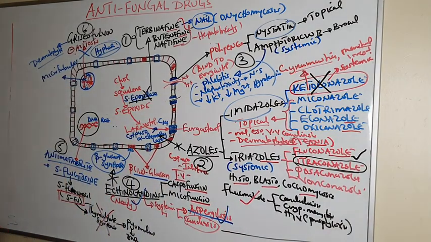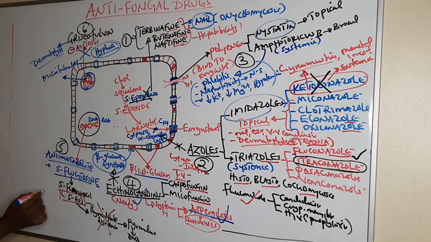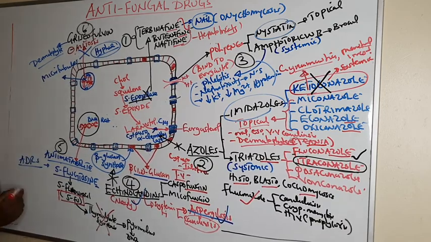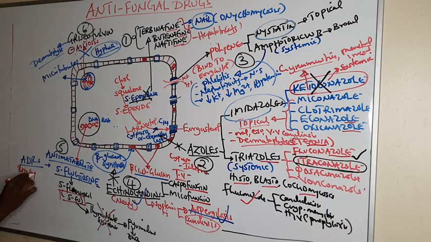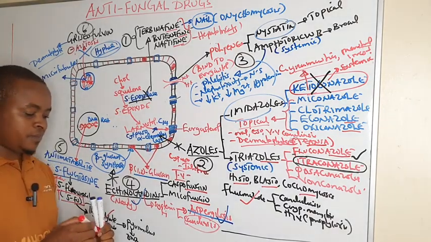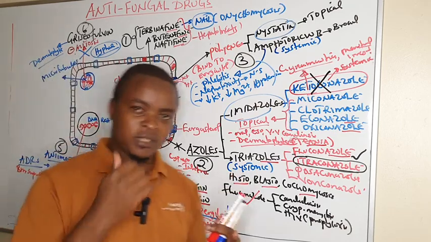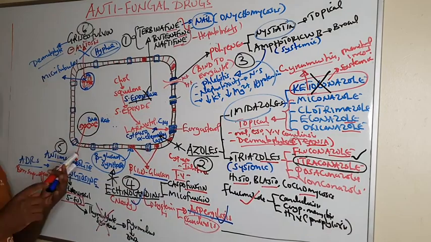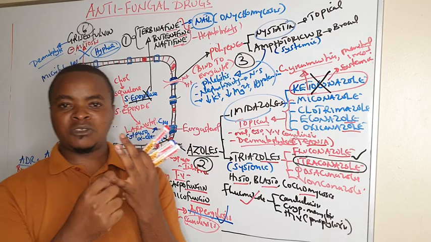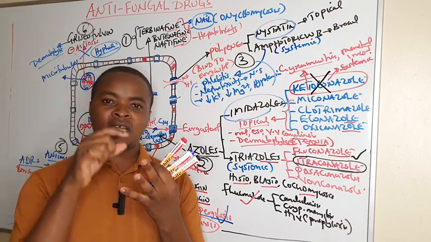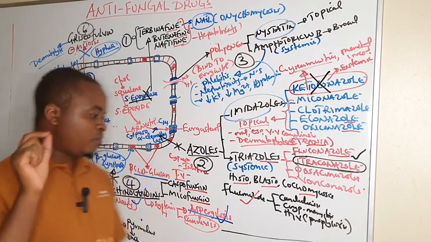That is very important. Then the side effect of flucytosine, that is adverse reactions, is majorly bone marrow suppression. This one causes bone marrow suppression, so patients can suffer from what we call pancytopenia. Pancytopenia is characterized by reduced white blood cell count, reduced platelet count, and anemia. So because they suppress the bone marrow, 5-flucytosine leads to all cell lines being reduced, that is white blood cells, red blood cells, and platelets, a condition we call pancytopenia.